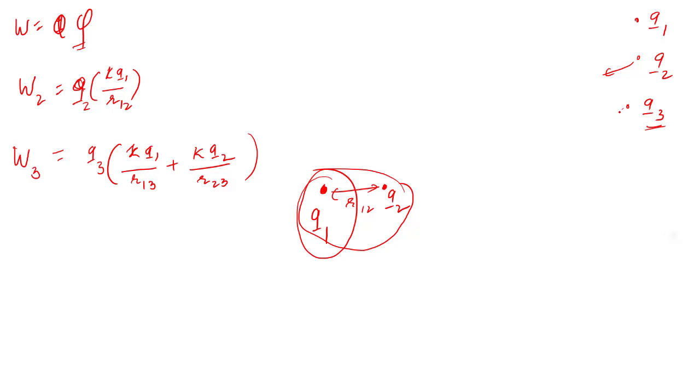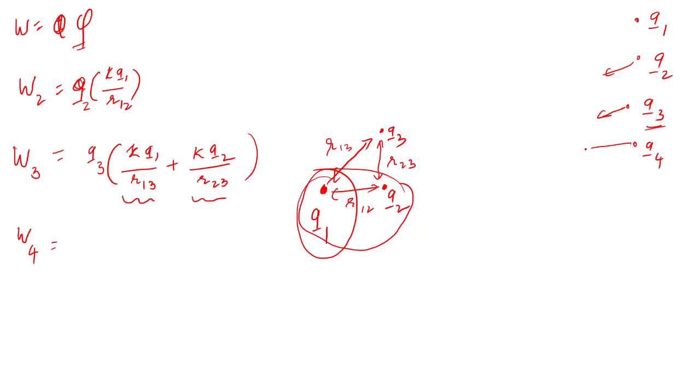So the third charge, when you bring it in, is feeling the potential from the first one and the second one. If you place the third charge here, Q3, this one would be R13, this would be R23.